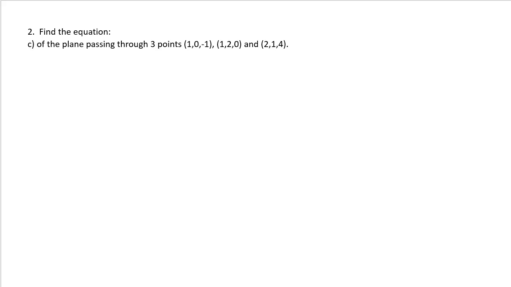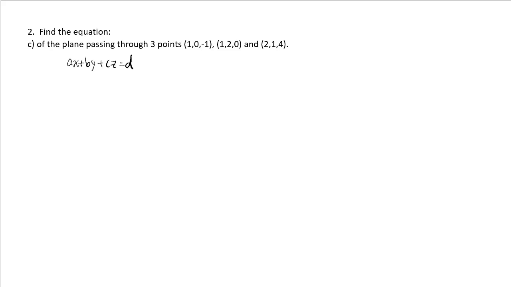Find the plane equation passing through 3 points. As I said, the generic plane equation form is ax plus by plus cz equals d. So one thing you can do is plug in these values here.